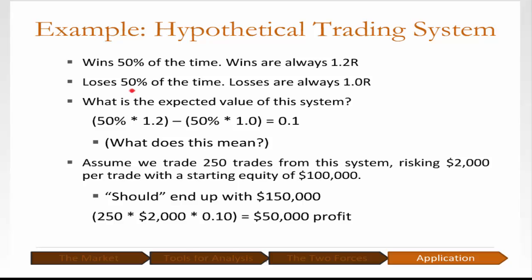And when you win, you will always win 1.2 R. So that's 1.2 times the amount you're risking. When you lose, you will always lose only the amount you're risking. You will never have larger than expected losses. You'll never have larger than expected wins. This is a very predictable, very tame system that does have a positive edge.